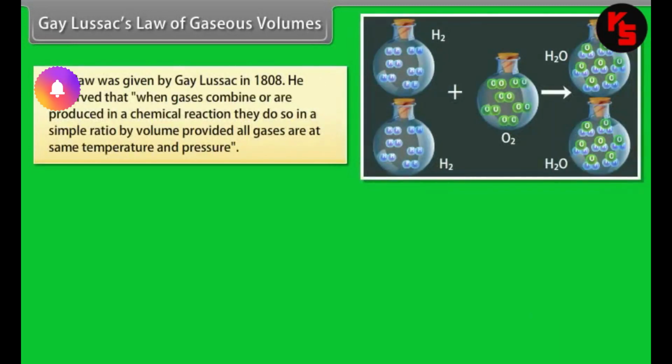Gay-Lussac's law of gaseous volumes. This law was given by Gay-Lussac in 1808. He observed that when gases combine or are produced in a chemical reaction, they do so in a simple ratio by volume provided all gases are at the same temperature and pressure.